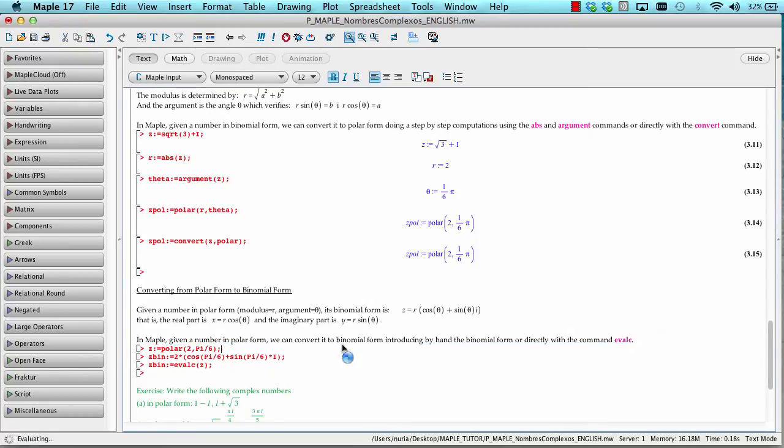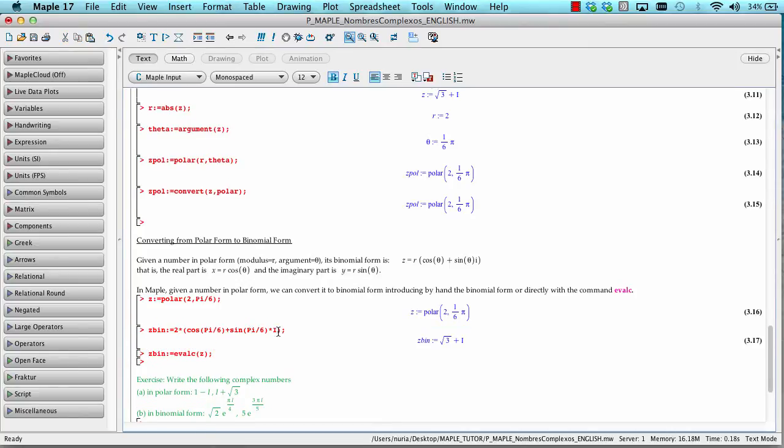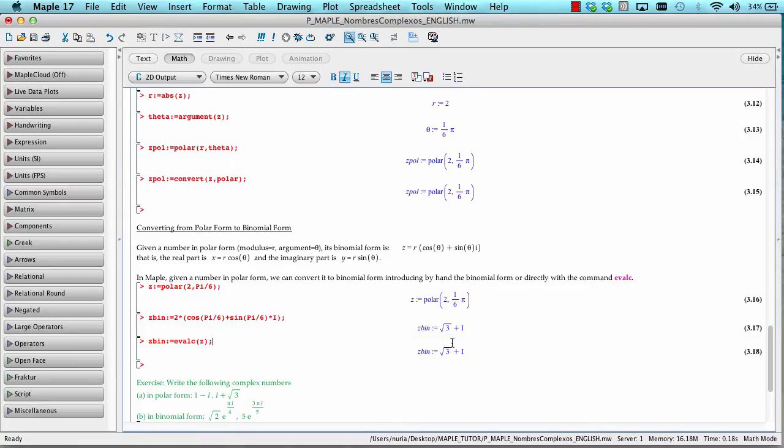So we have a number in polar form, which will be the binomial form. Magnitude, if we do it by hand, times cosine of the argument plus sine of the argument times the imaginary unit. Or we can use the evalc command, which directly converts a number in polar form to binomial form.